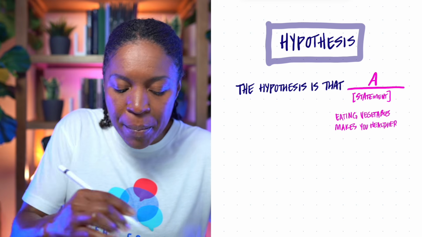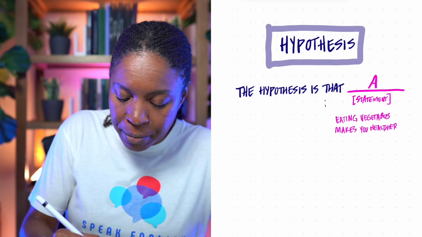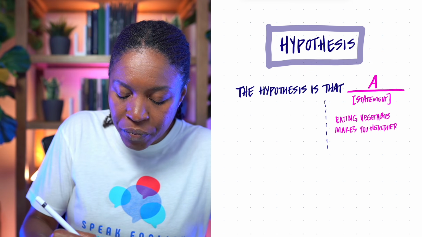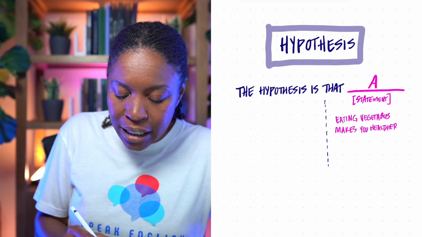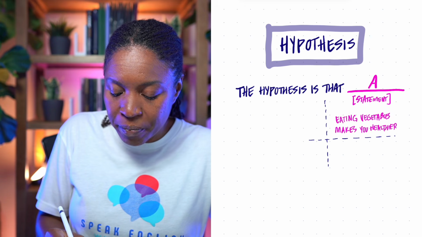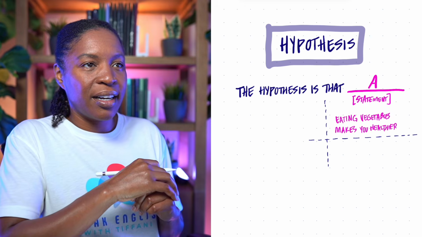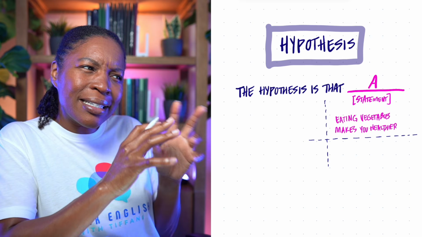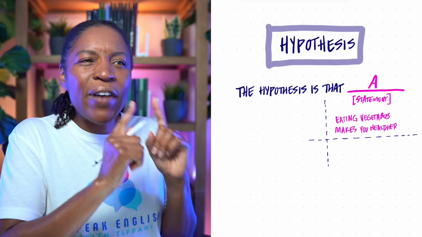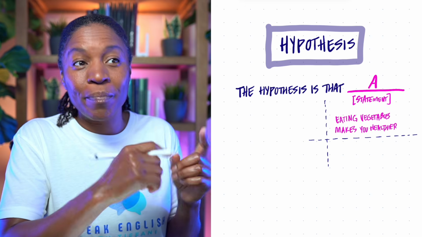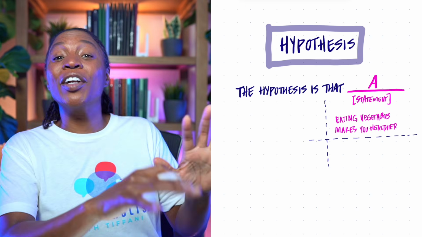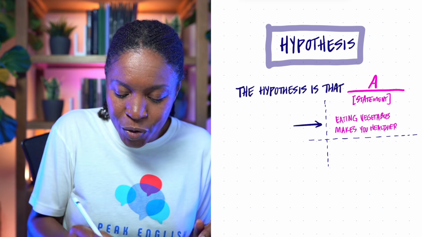This is a hypothesis. So again, what are we looking at? We're looking at a hypothesis, and this is the sentence. The hypothesis is that eating vegetables makes you healthier. I think this is true, but it can be considered a hypothesis. All right, so our first one.